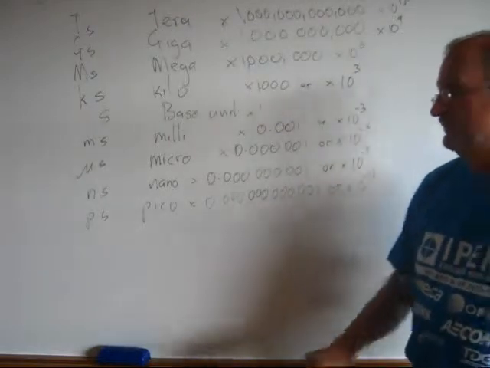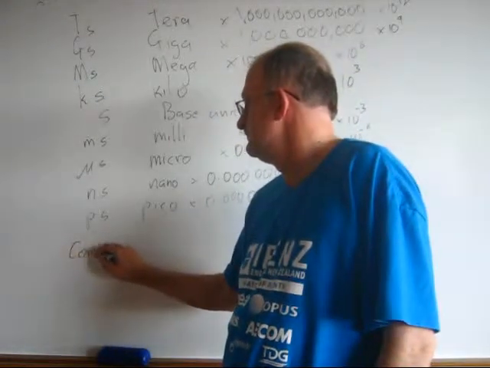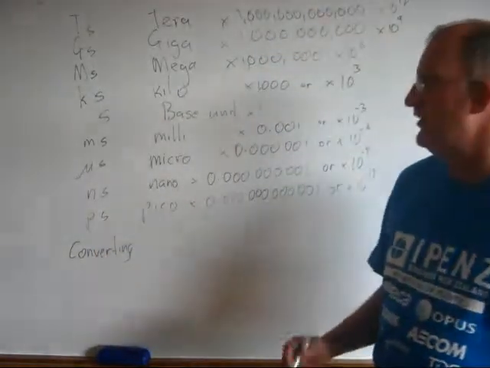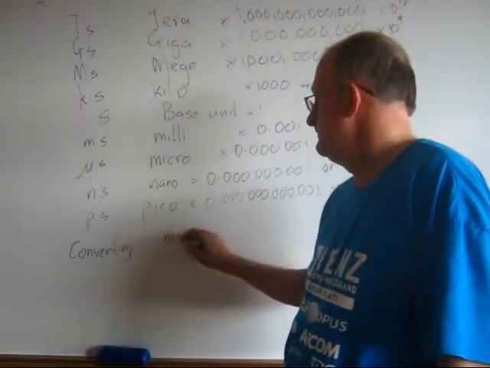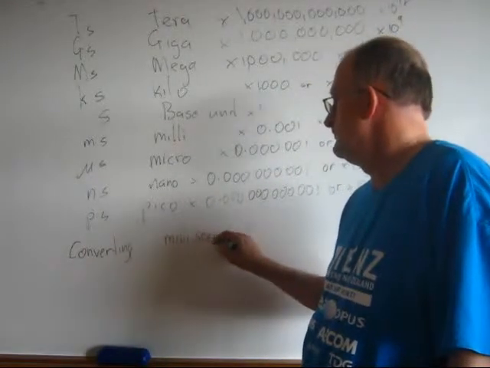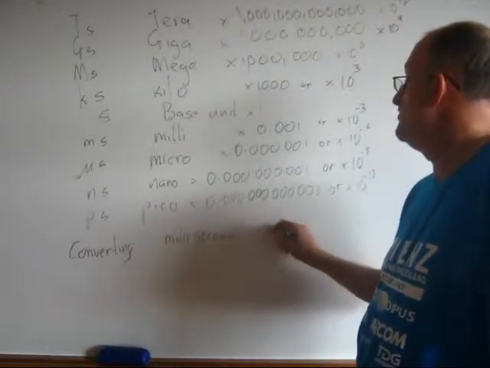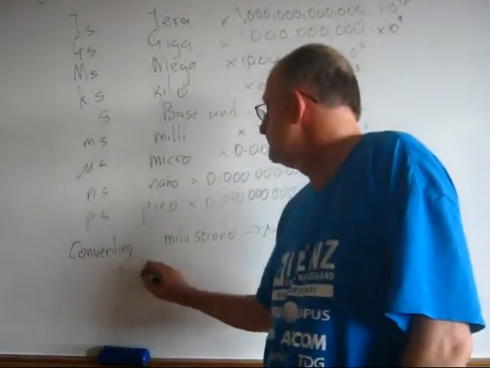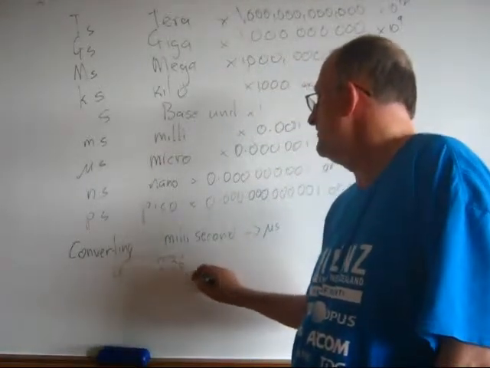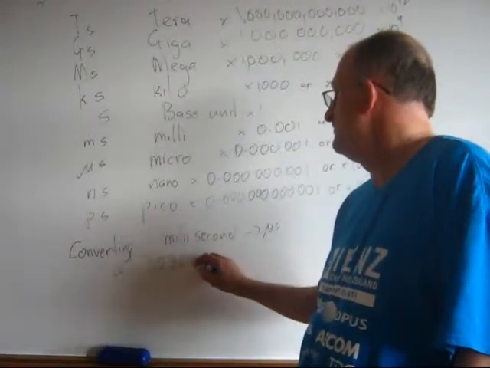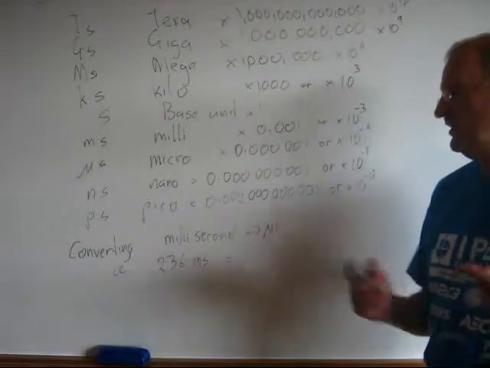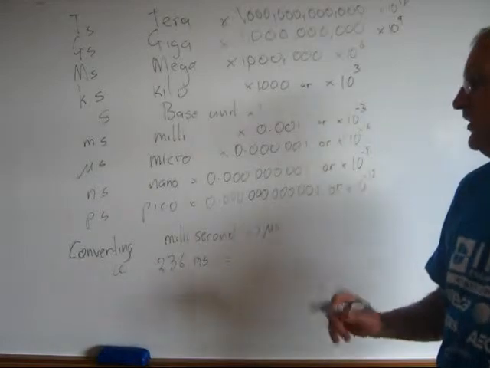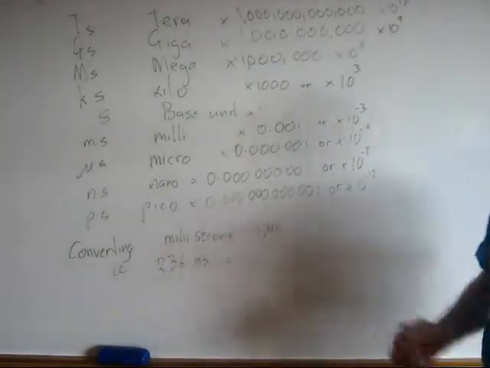Okay, so converting. Say I'm converting one unit to other ones, like milliseconds to microseconds. So if I have a number, i.e. 236 milliseconds equals how many microseconds? What I'd do is I'd shift the decimal point.